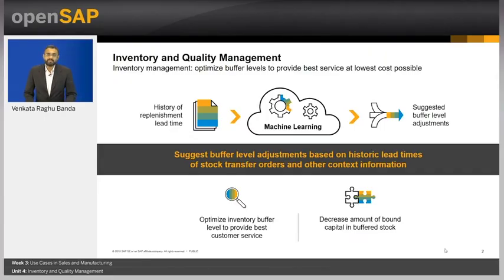So, as you know, yesterday in our Unit 3 we were talking a lot about the inventory manager role, how the stocks are being moved between different plants and different locations.